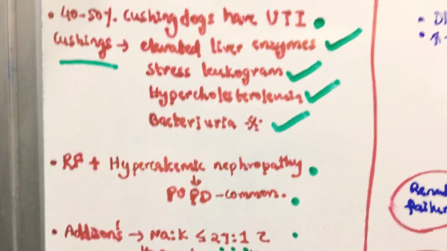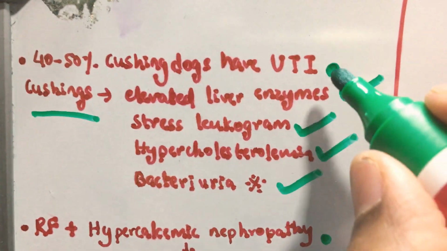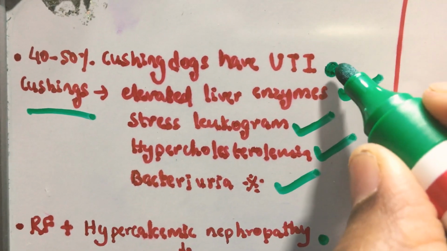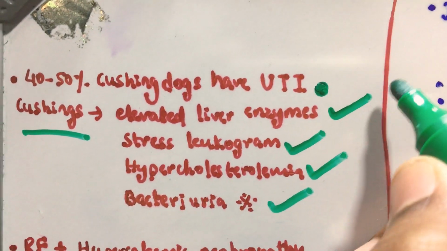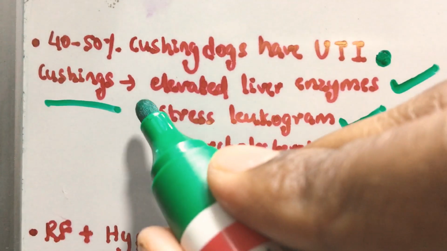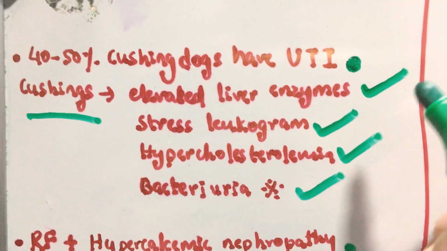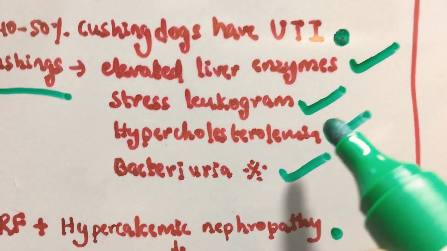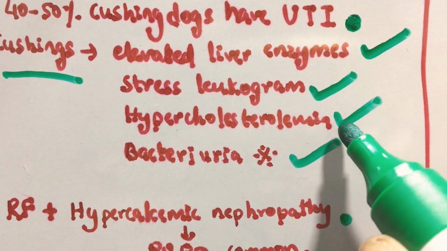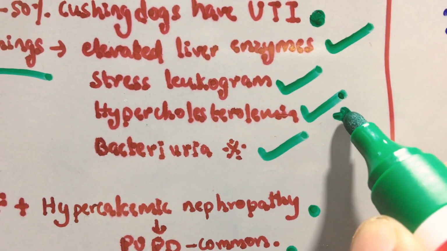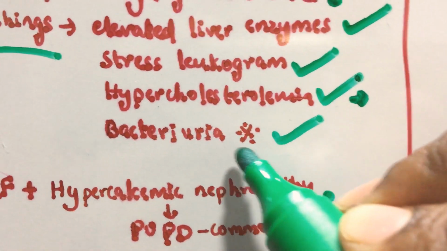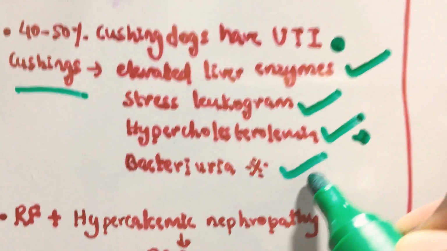And I also have some important points to tell you. 40 to 50% of Cushing's dogs always have concurrent urinary tract infection, so their culture is going to come back positive. And in Cushing's, the hallmark signs are elevated liver enzymes, stress leukogram, and hypercholesterolemia. The serum will mostly be lipemic, okay? And then bacteriuria is also common in Cushing's.